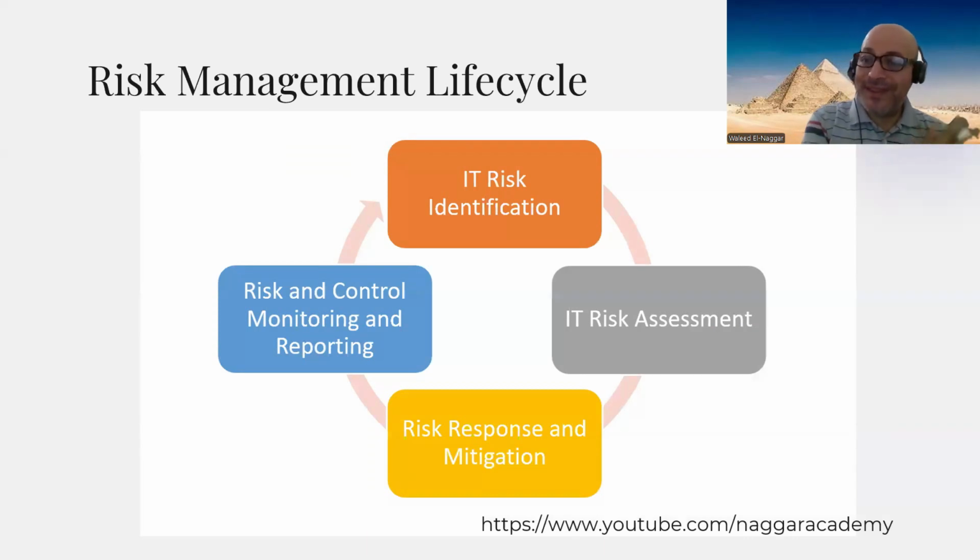We're going to talk about it in details when we talk about the risk identification. There is a bottom-up approach. There is a top-down approach. We're going to talk about each one of them in the next videos. Then you start analyzing, assessing the risk to identify the risk impact and risk probability. We'll also talk about it in details in the next videos.